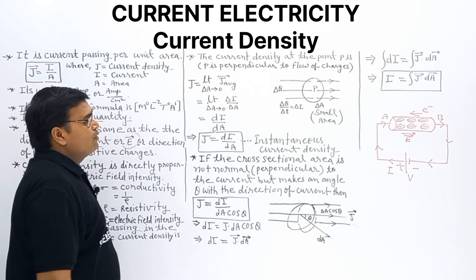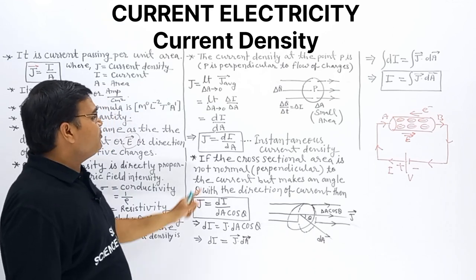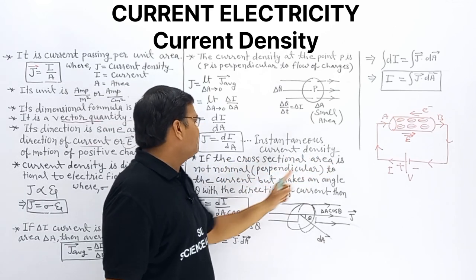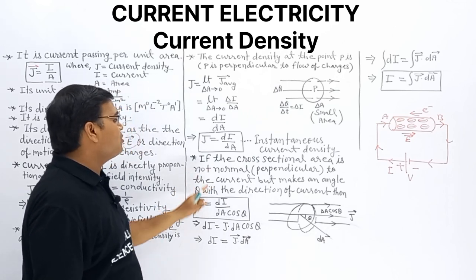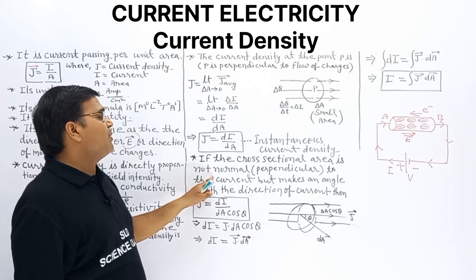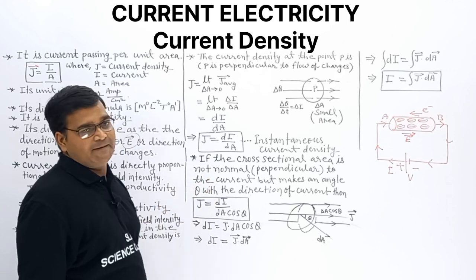Clear? Now if the cross sectional area is not normal, it means not perpendicular to the current.